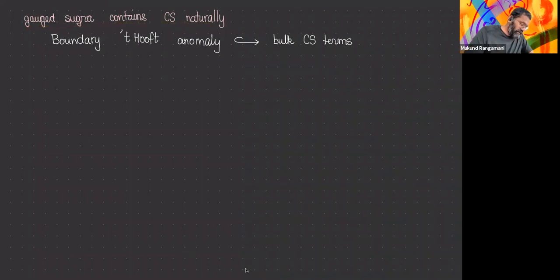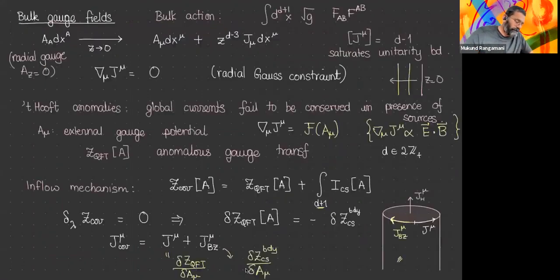The statement that I want you to take away is that the boundary 't Hooft anomaly is precisely compensated by bulk Chern-Simons terms. In fact, the coefficient of the Chern-Simons term precisely matches the 't Hooft anomaly that you would compute in perturbative bulk Yang-Mills theory, because the anomalies are one loop exact, so you can't have a different answer at weak coupling and strong coupling.